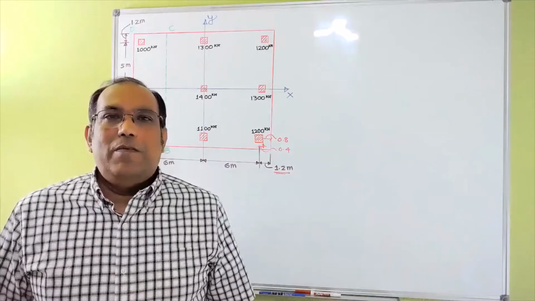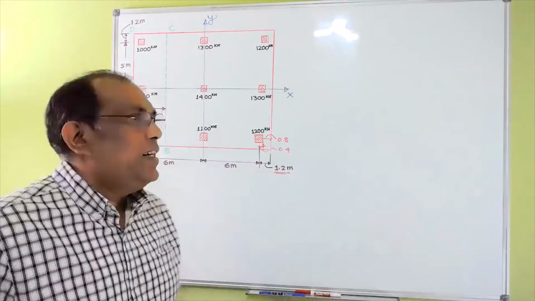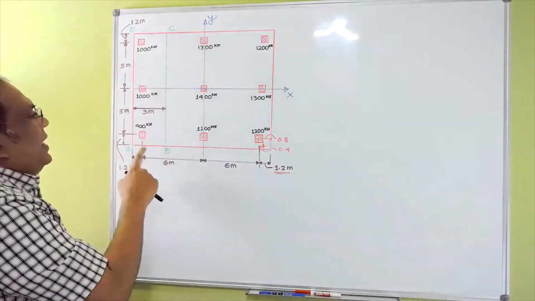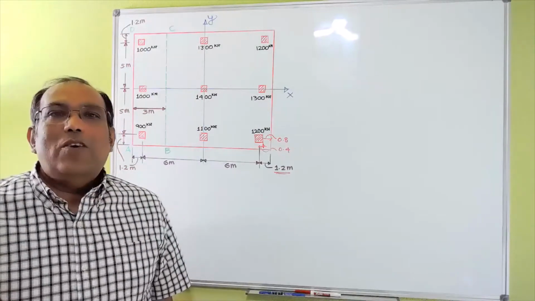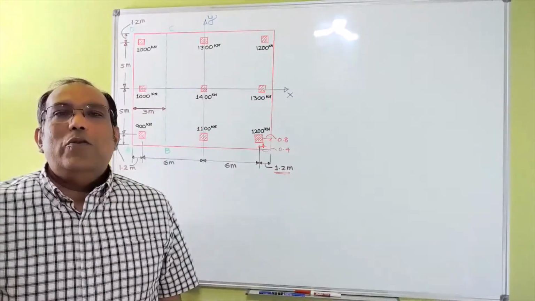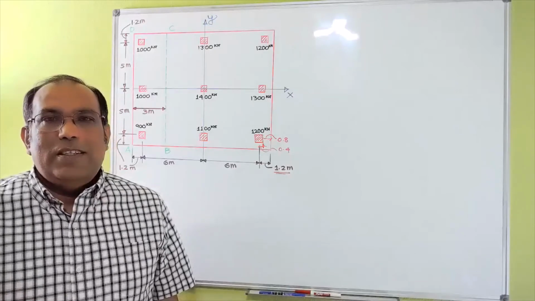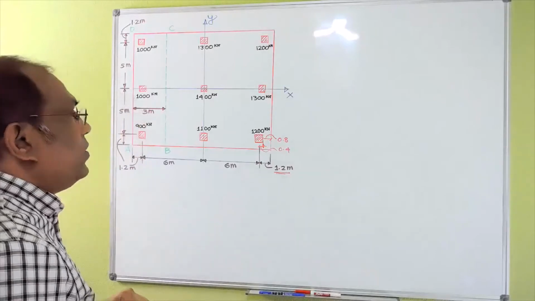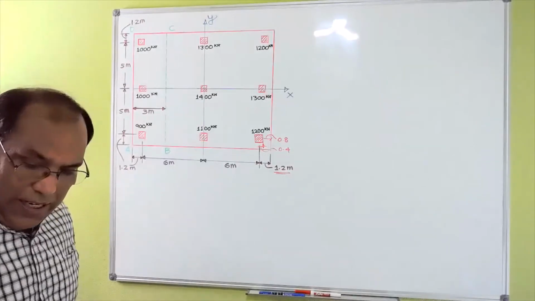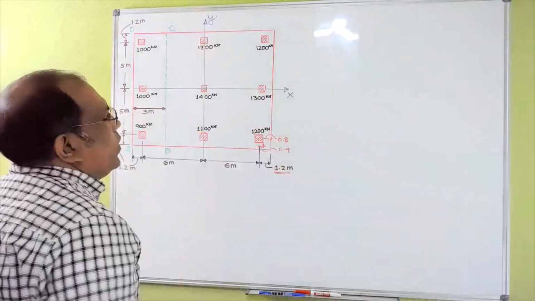The second part of the problem is asking to find the soil pressure at A, B, C, D here. To find the soil pressure, we have to find the eccentricity first. So let's say this is my x-axis and this is my y-axis.